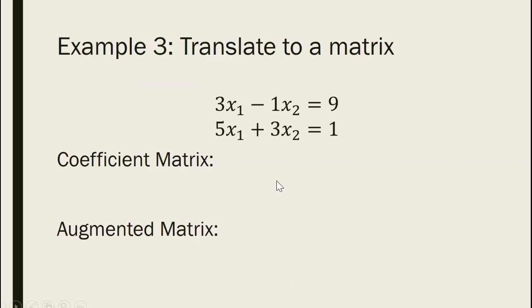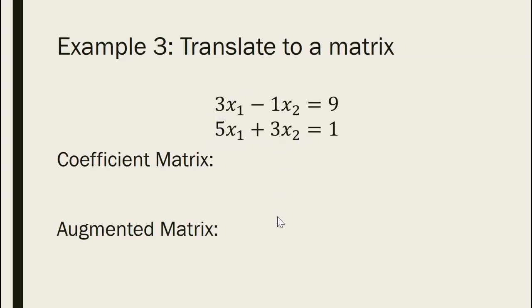So why don't you go ahead and create the coefficient matrix and the augmented matrix for this system of linear equations. Push pause on the video and go ahead and do it. All right, so first off, the coefficient matrix should just have the numbers 3, -1, 5, and 3.